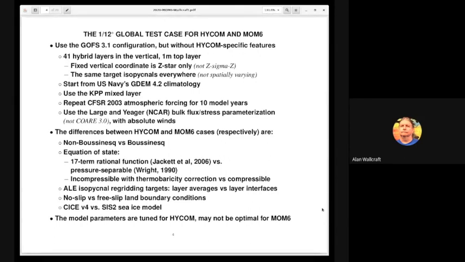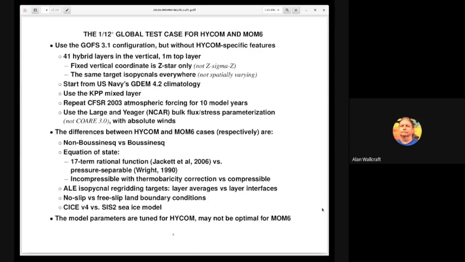So for the test case, it's a 10-year simulation using the GOFS 3.1 configuration, but without HYCOM-specific features. 41 hybrid layers in the vertical with a 1 meter top layer. In HYCOM, the fixed vertical coordinate is Z sigma Z, which I'll explain later. And in the test case, it's Z star only.